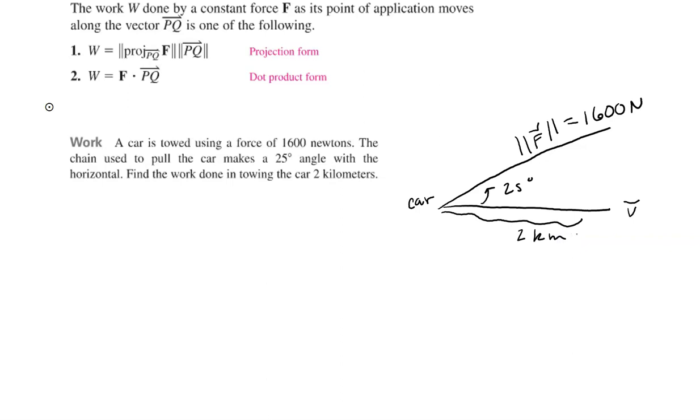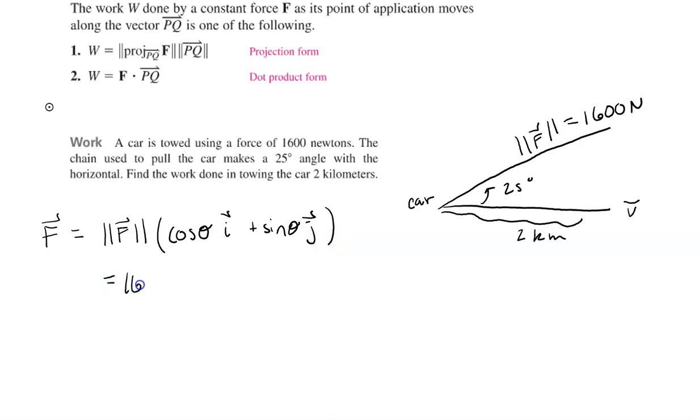So I am going to use the F dot V version of this, or the F dot PQ version of this, because I can calculate that pretty effectively. I know that F is equal to the magnitude of F, which we're given, times cosine of theta I plus sine of theta j. And we're given theta, so that'll be pretty easy to do.